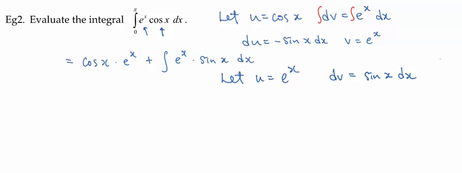Once again, it doesn't matter, but you are going to see something very similar at the end. Now I'm going to try to be consistent, seeing how we let u be cosine x in my first by parts. I'm going to use sine x for now.